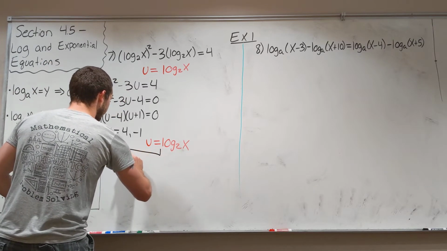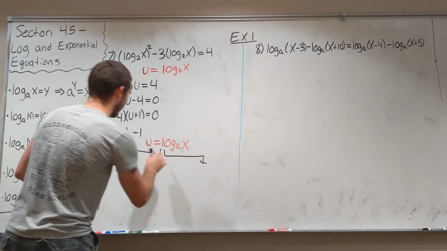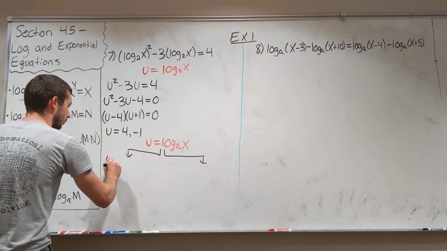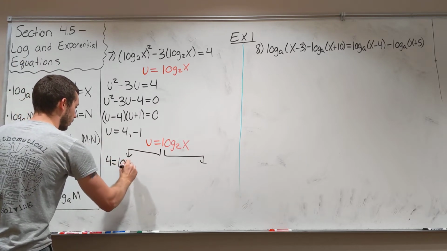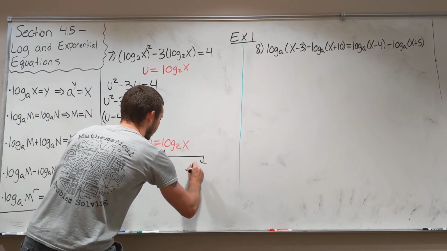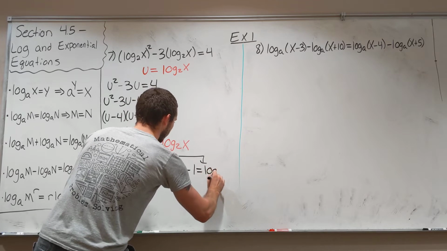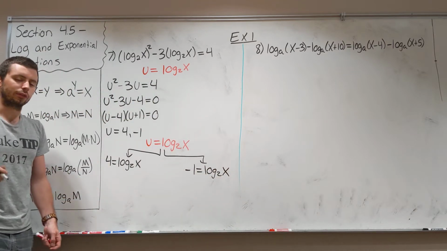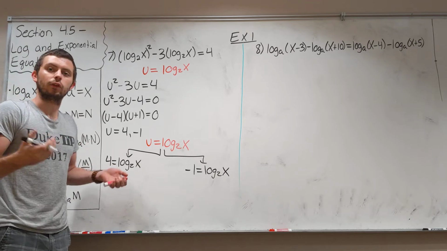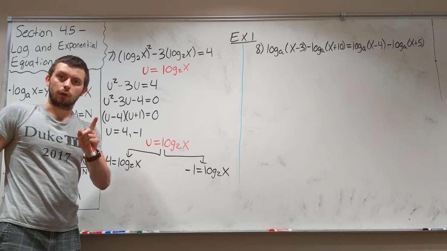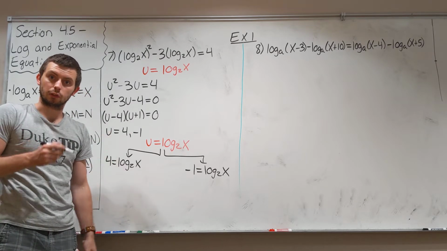So that gives us 2 situations. One of the U's we found was 4. So now we have 4 is equal to log base 2 of X. The other U is negative 1. So negative 1 is equal to log base 2 of X. And so we want to go ahead and solve both of these for X. Now it is a single log, which means we can use the loop method.